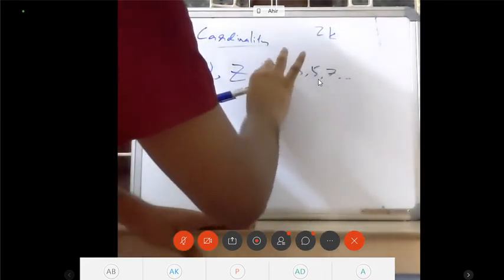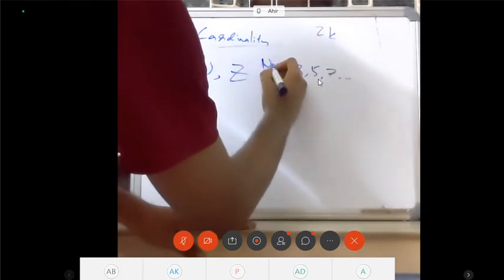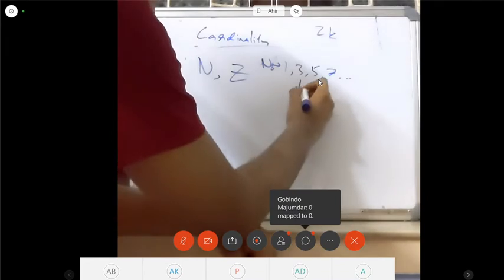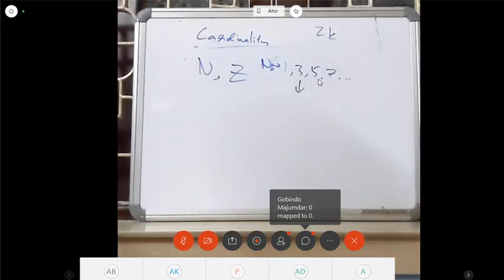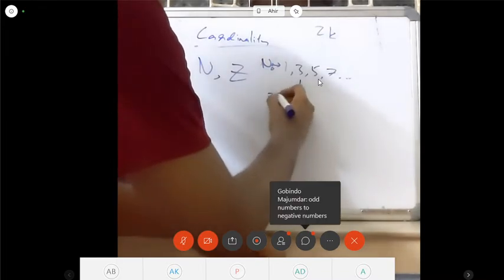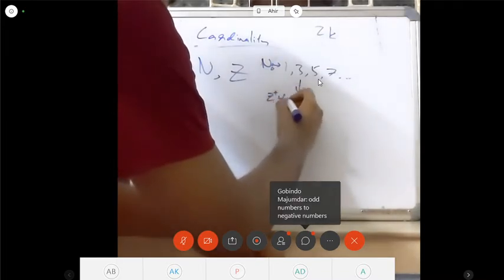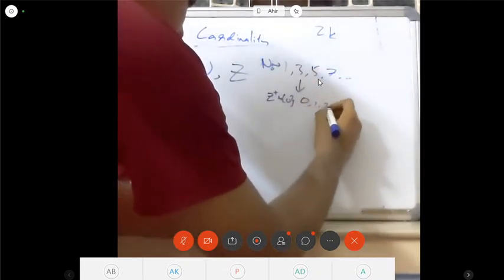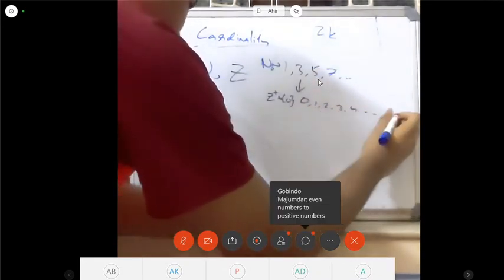We'll denote this by N_0. We'll map these to the non-negative integers, which we denote by Z plus 0, so 0, 1, 2, 3, 4 and so on.